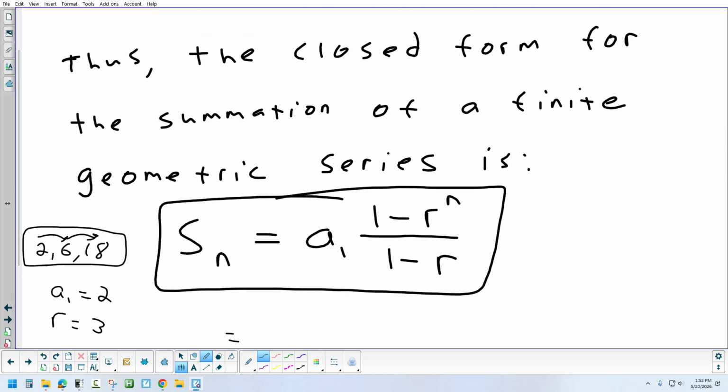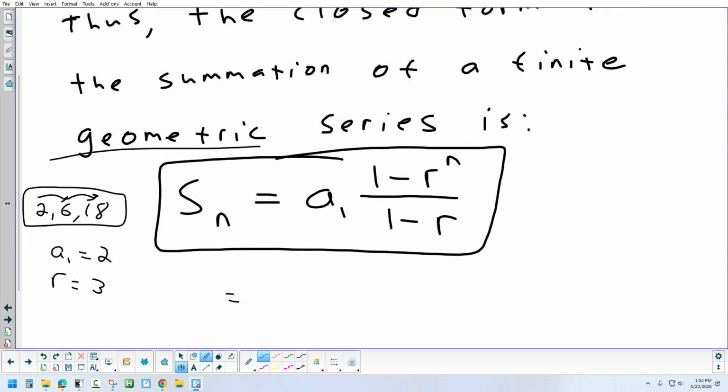This only works because this is geometric. This formula is only for geometric, and that is geometric. So first term is 2. r is 3. And how many terms am I adding together? Yep, 3. It's just a coincidence. The number of terms is 3, and I'm multiplying by 3, and we said r was 3.